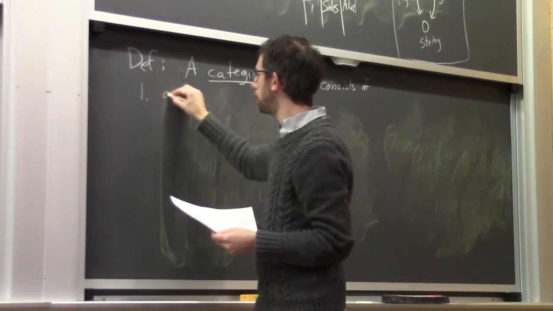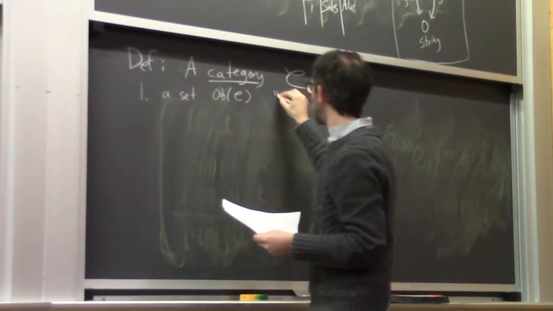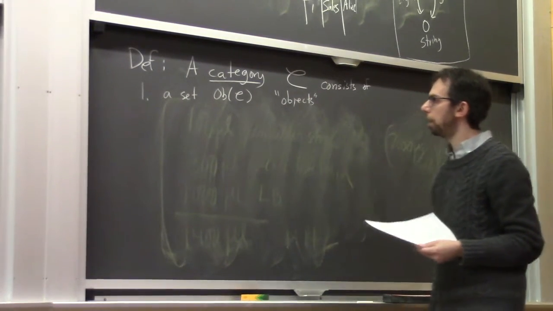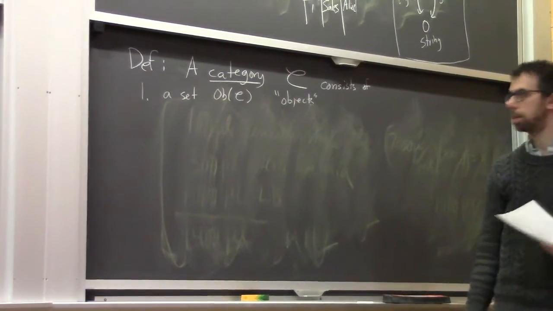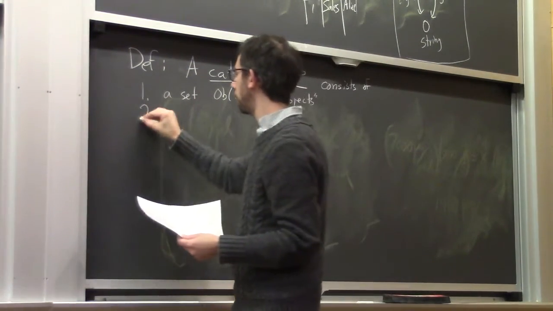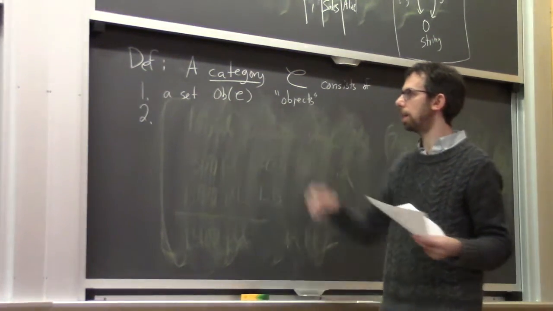One, it consists of a set, Ob C, and these are called objects. Elements of this are called objects. Objects don't mean anything. They're just objects. So if someone says a set of objects, they're not saying a set that's special, they're just saying a set.